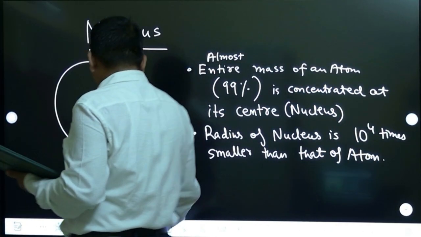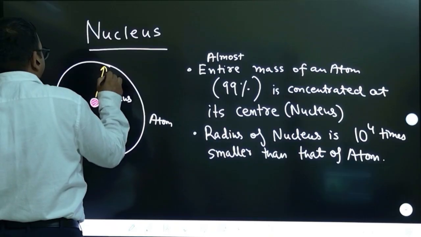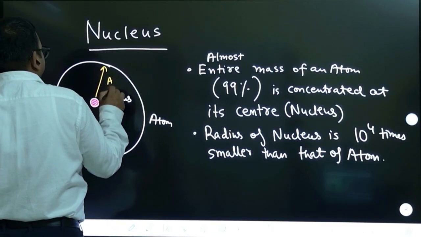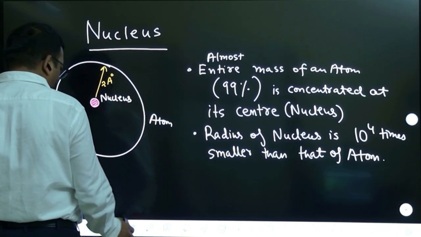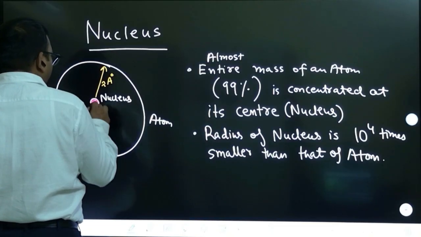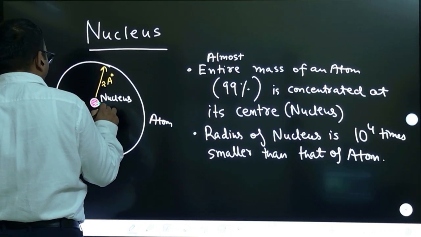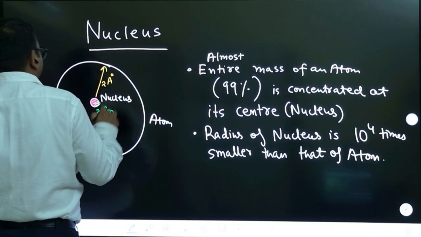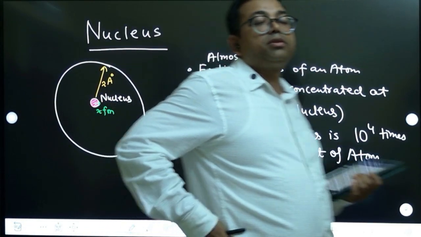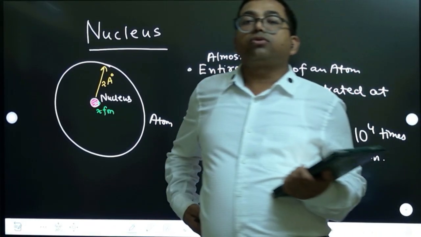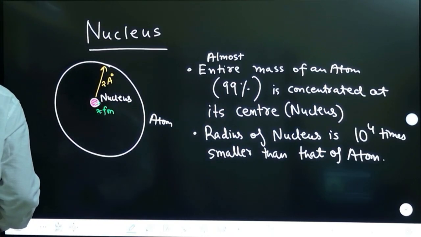So if you see atomic size, it comes in the order of angstrom. And the size of the nucleus comes in the order of femtometer or Fermi. So nearly 10 to the power 4 times smaller, like that almost. Right?